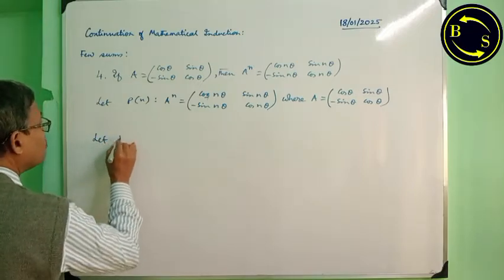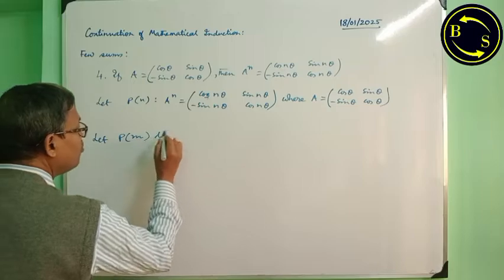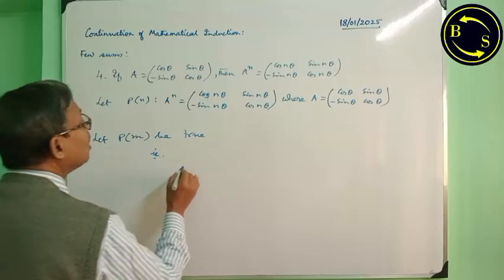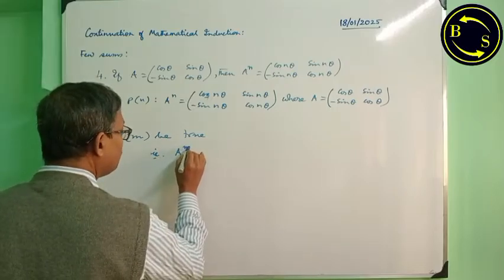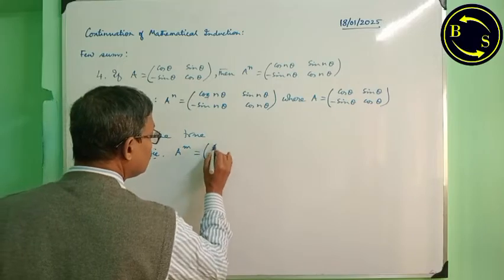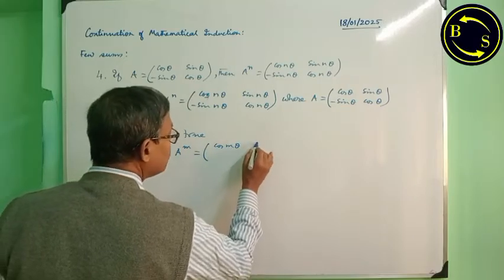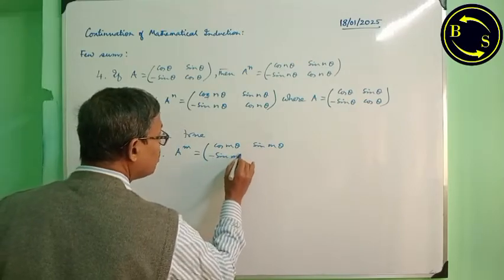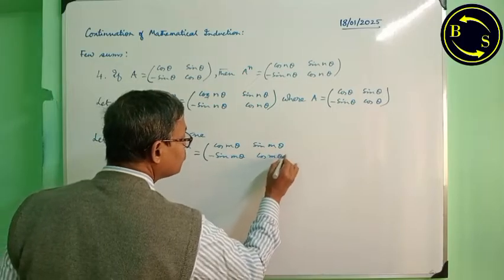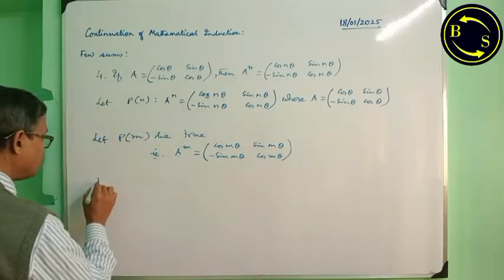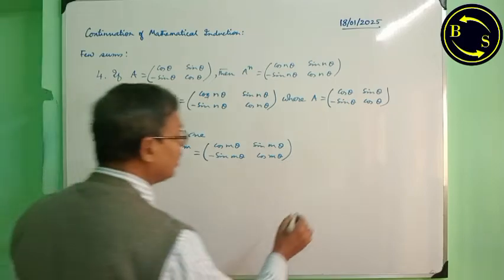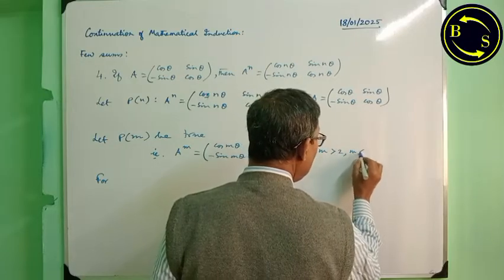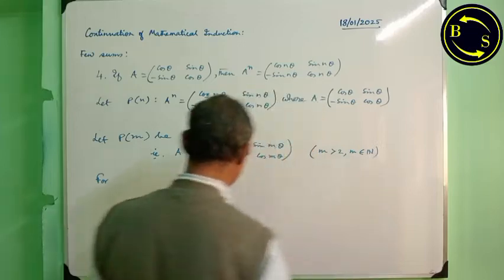Let Pm be true, that is A to the power m is equal to cos m theta, sin m theta, minus sin m theta, cos m theta. Here, of course, m is greater than 2, m is a natural number.